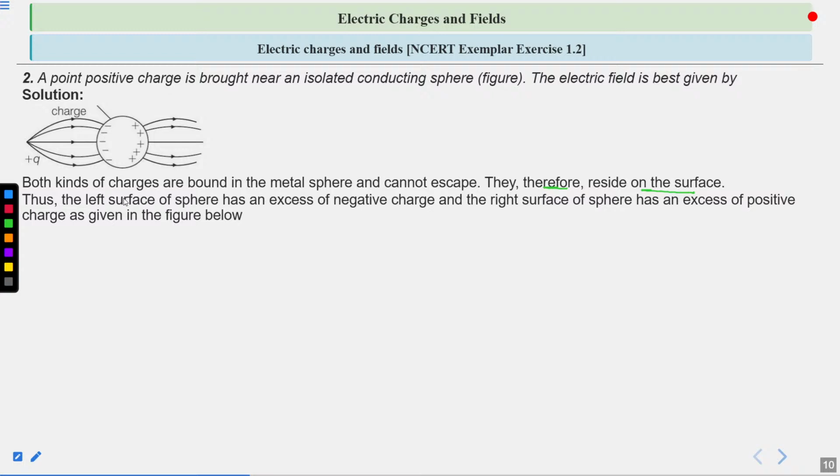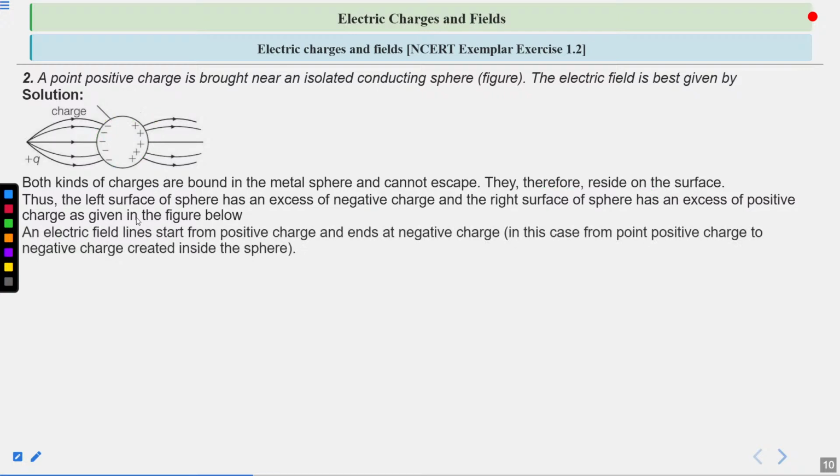Thus the left surface of the sphere has an excess of negative charge and the right surface has positive charge. Right side positive charge and left side negative charge.